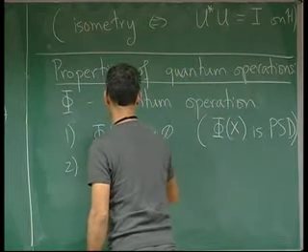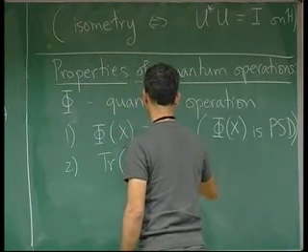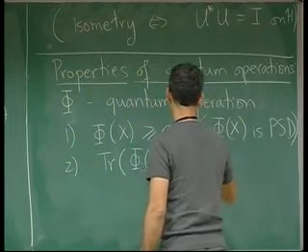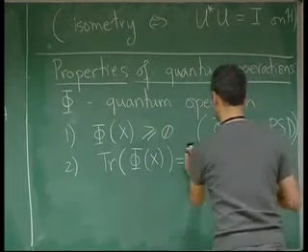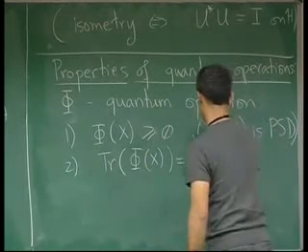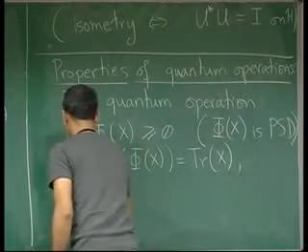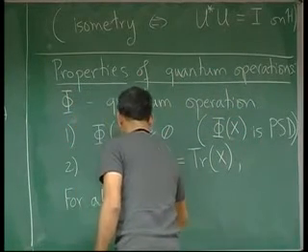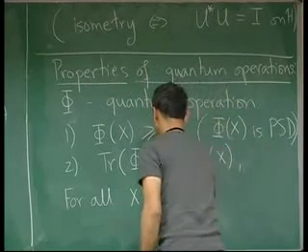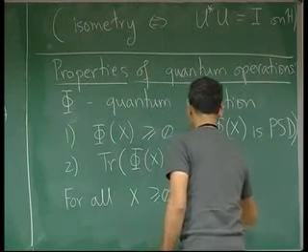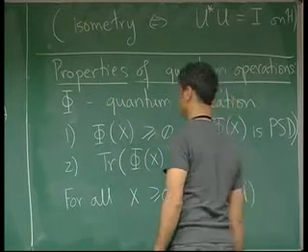So the trace of phi of x equals the trace of x, and this is for all positive semi-definite operators. Okay.